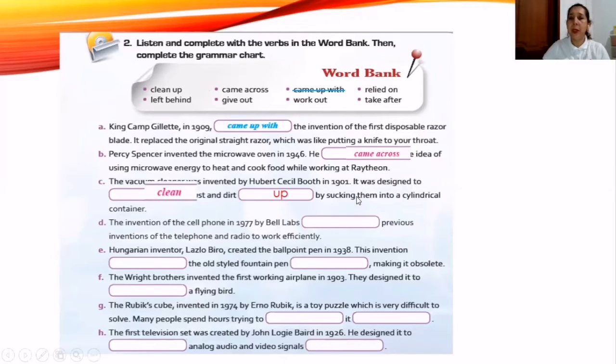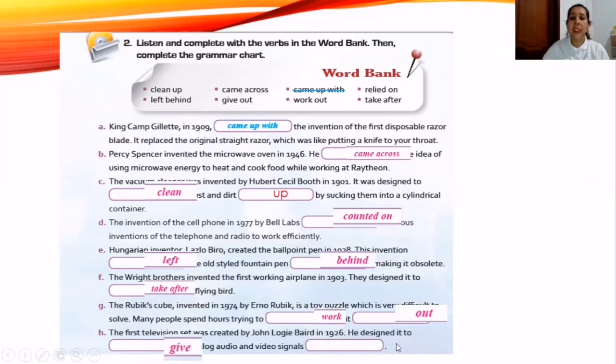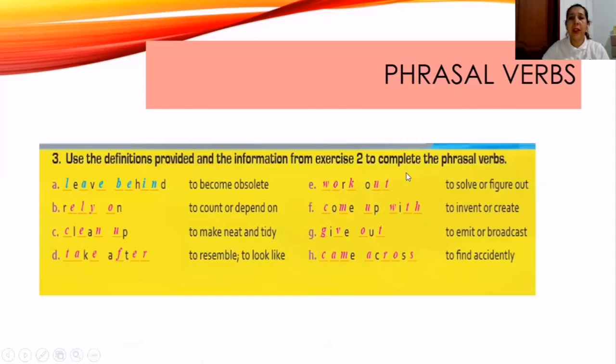Each activity could be in groups or in pairs according to the teacher's time. After they have finished writing the correct phrasal verbs in the blank spaces, the teacher reflects on the grammar. But before that, the teacher explains the meaning of the phrasal verbs and explains their change.